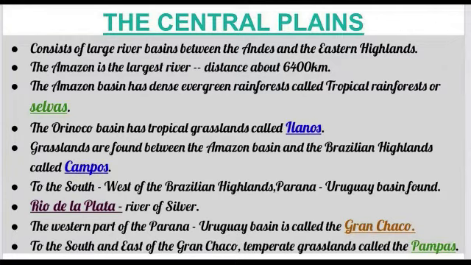Next one, grasslands are found between the Amazon basin and the Brazilian highlands, called campos. The Orinoco River basin has tropical grassland called llanos. The grasslands between the Amazon basin and the Brazilian highlands are called campos.